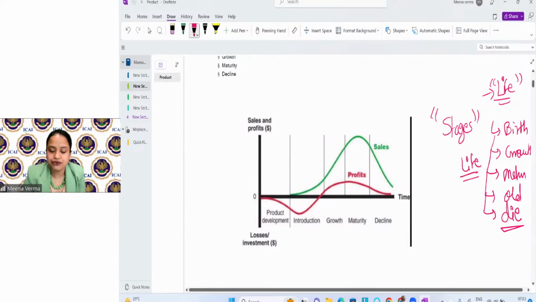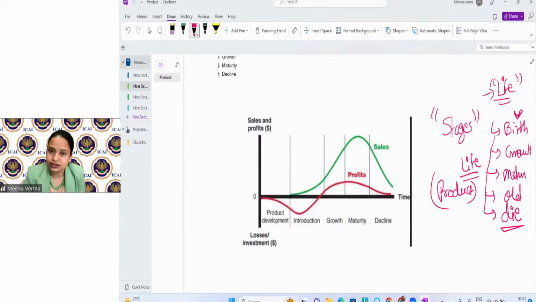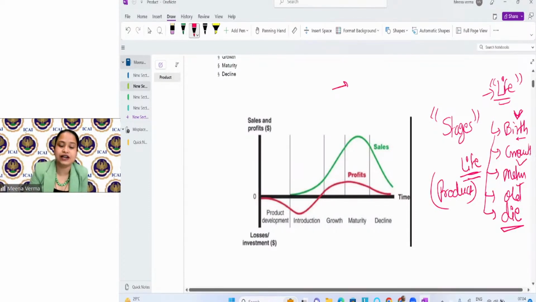Similarly, every product has such a life. A product takes birth, passes through the stage of growth, the stage of maturity, the stage of old age, and the death stage. But every product has a different life.